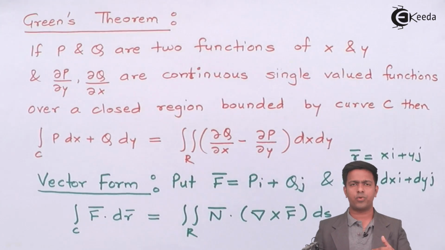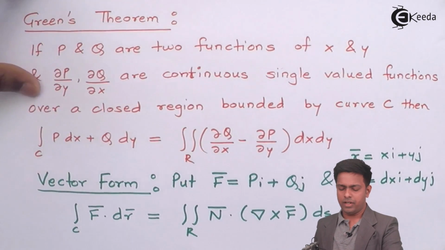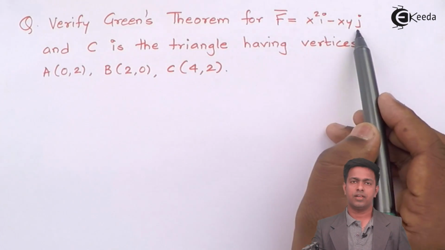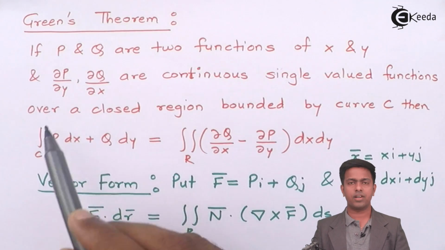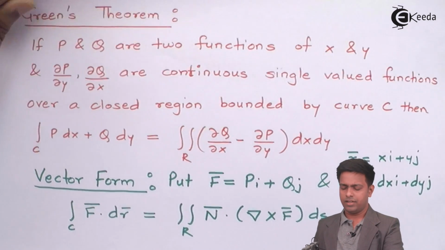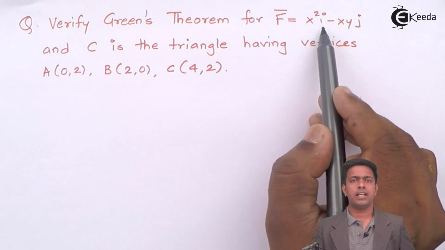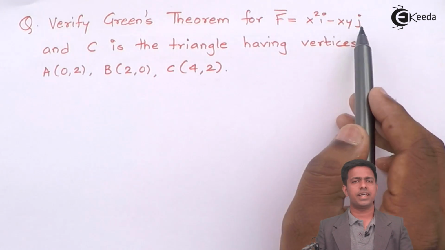Now what we have to do is verify the Green's theorem. It means we are going to verify this statement. To verify it, we should have the values of P and Q. But if you see the question, here the value of f bar is given. We know that f bar in Green's theorem is p i plus q j. So this x square, which is along i, is my p, and negative xy, along j, is my q.